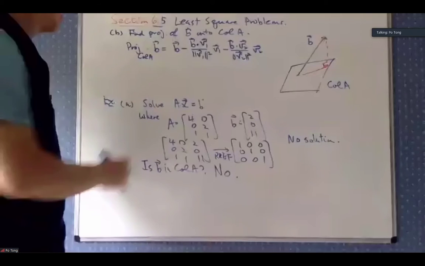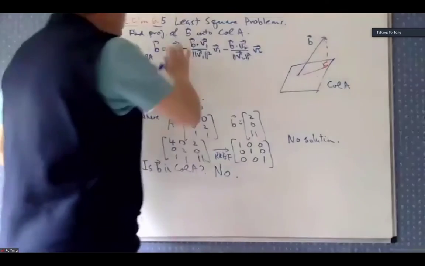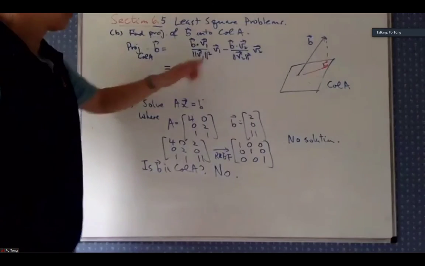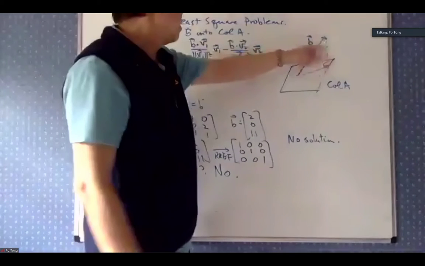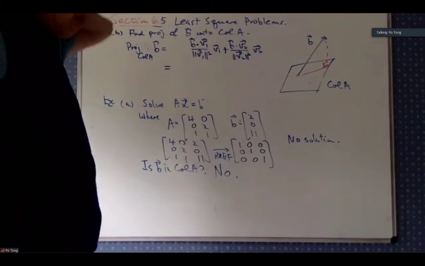Okay, and that will be the projection. No, not yet. This is the projection. If I subtract them, it will be the other vector. I'm sorry, we don't have that term, so it's just these two. That will be the projection.